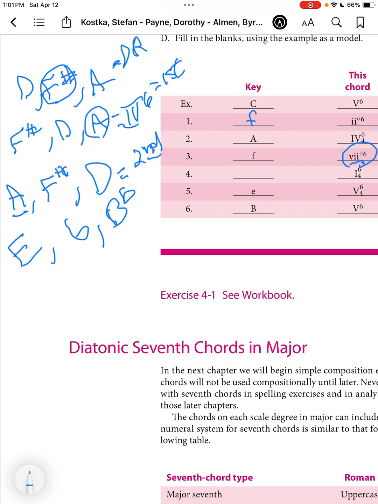Alright, so this is the first one, but is it E and G major or E and G minor? Okay, if it's E and a G sharp, it's definitely major with B natural. That's not my case. E and G is definitely minor because of the fact it's already there.